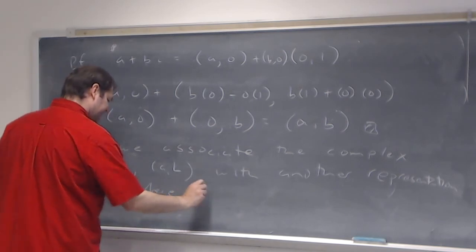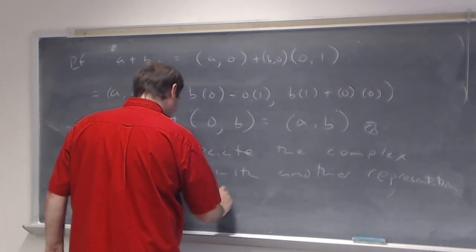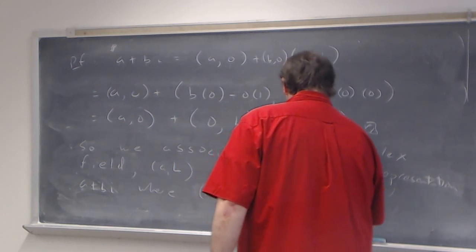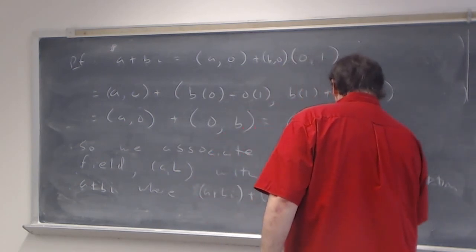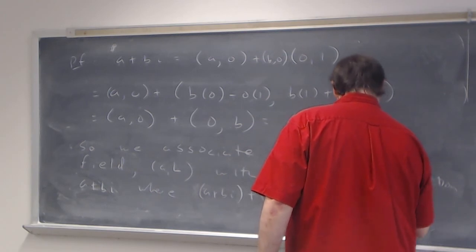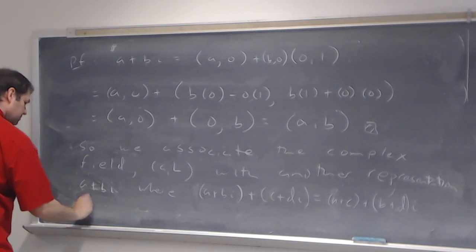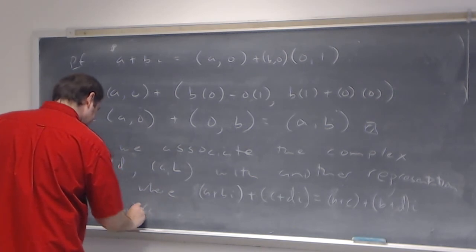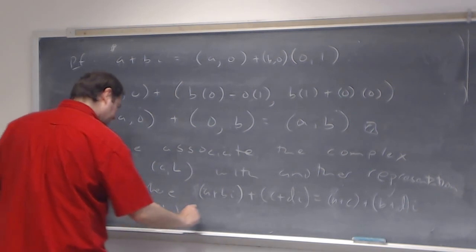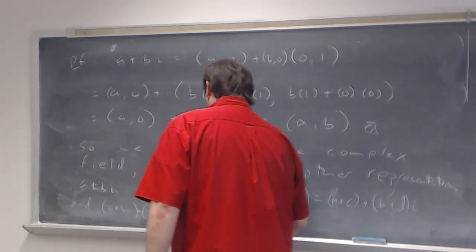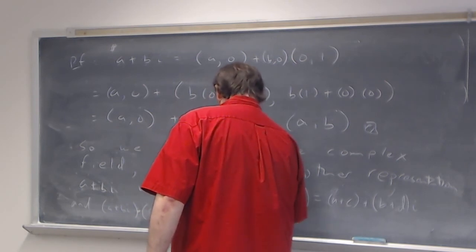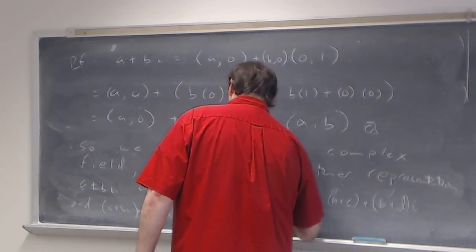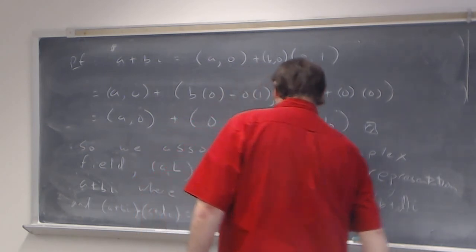where we have addition of A plus BI plus C plus DI is going to be equal to A plus C plus B plus D times I, and A plus BI times C plus DI is going to be equal to AC minus BD plus AD plus BC times I. That's the association.